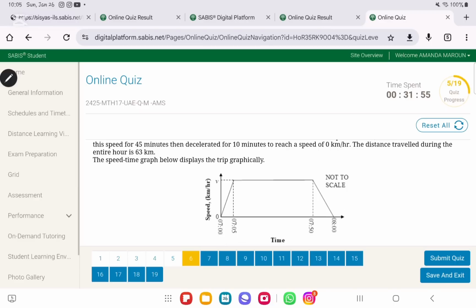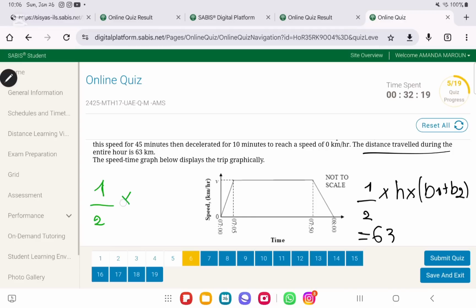So when we find the area of a trapezoid, it is 1 over 2 times the height times (base 1 plus base 2). And we know it is equal to 63 because this is given to us as the distance. Okay? So 1 over 2 times the height that we need to find times (base 1 over here, which is 50 minus 5 minutes, which is 45 minutes, but we do not accept 45 minutes.